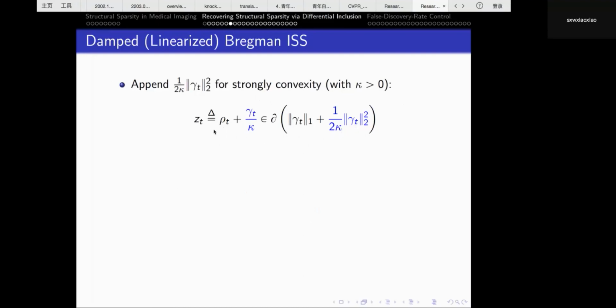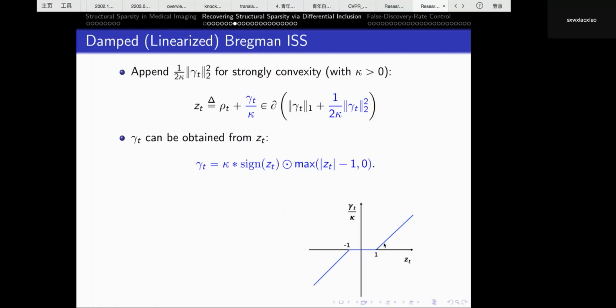It is called z t, and gamma t can essentially be obtained from z t as illustrated, because when z t is greater than 1, for example, gamma t times kappa can be obtained by z t minus 1. And in the region when z t is less than -1, it is like a mirror, so gamma can be similarly solved.